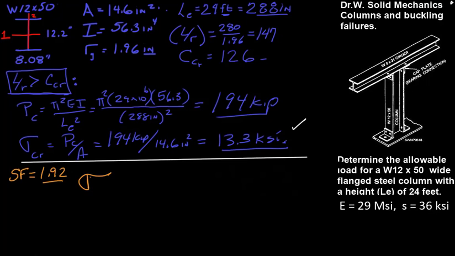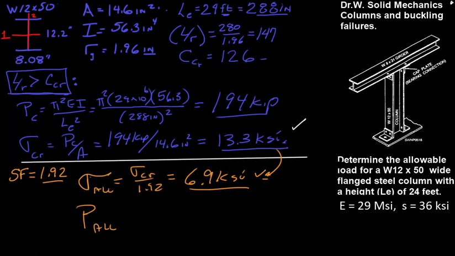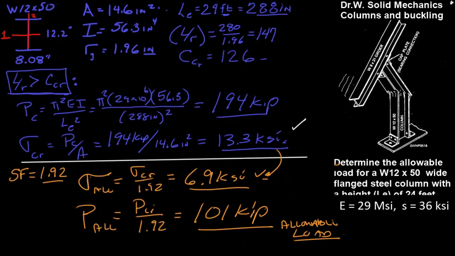So stress allowable is stress critical on 1.92, which is going to be 6.9 KSI, which is even lower than that value, so we're definitely not having any problems with yielding this. And we could also do P allowable as P critical on the safety factor. And we'll get 101 kips as the allowable load.